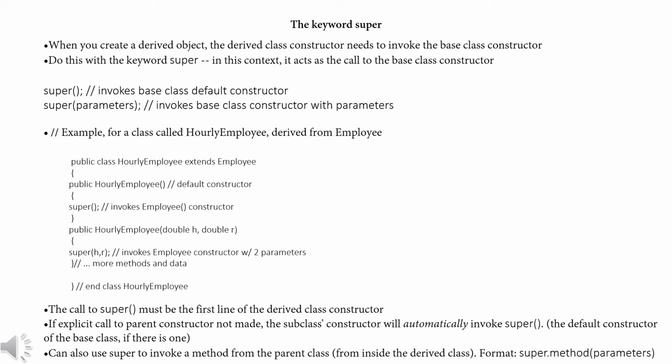So by doing that, you are actually calling a method of the superclass, right? By using the keyword super. Super dot method and then parentheses. Inside the parentheses, you will write down the parameters.